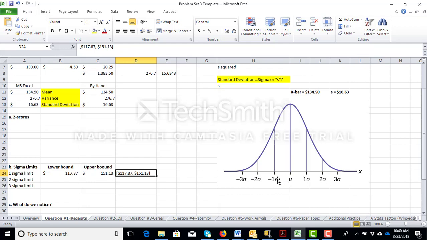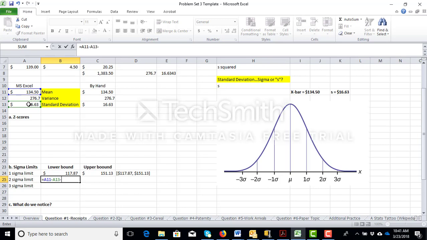Which gives us any receipt that's from $117.87 to $151.13. Now let's do 2 sigma limits. We're going to get the value of the receipt that's 2 standard deviations below the mean, and then the value of the receipt that's 2 standard deviations above the mean. So the lower bound would be the average minus 1 standard deviation minus another standard deviation.